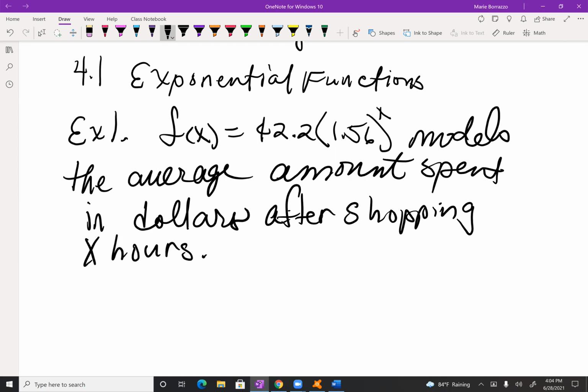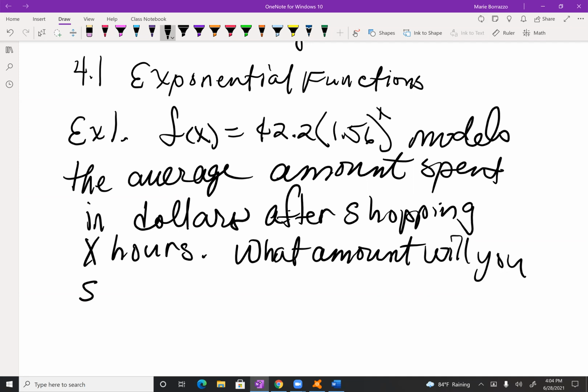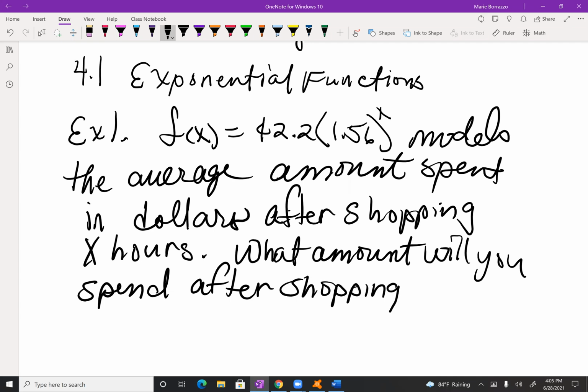So this is the question. They want to know what amount will you spend after shopping 4 hours? That's the question.